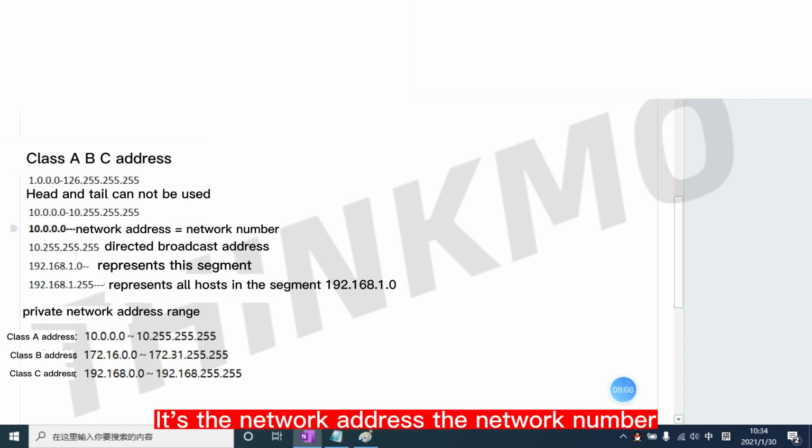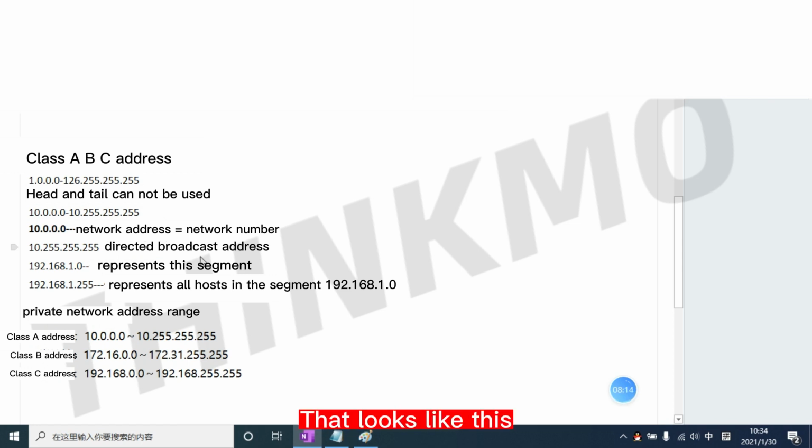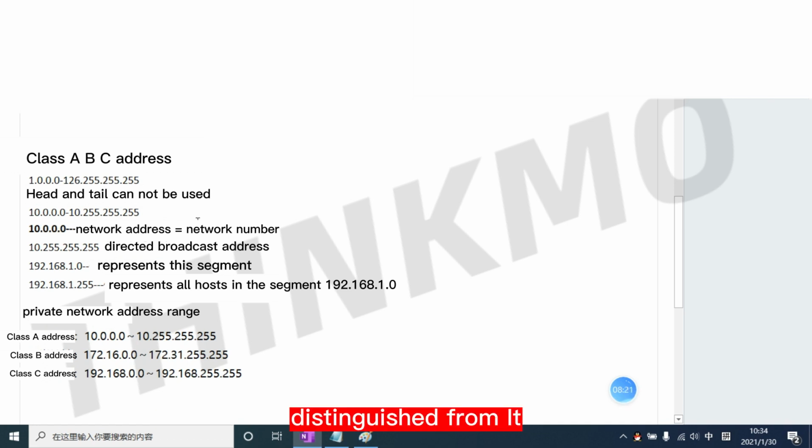Besides, there are special addresses: the network address, the network number. A network address represents a network segment. That looks like this, that's the whole 10 network. And the directed broadcast address must be distinguished from it. There are specific uses for directed broadcast addresses. For example, 192.168.1.0 represents this network segment.